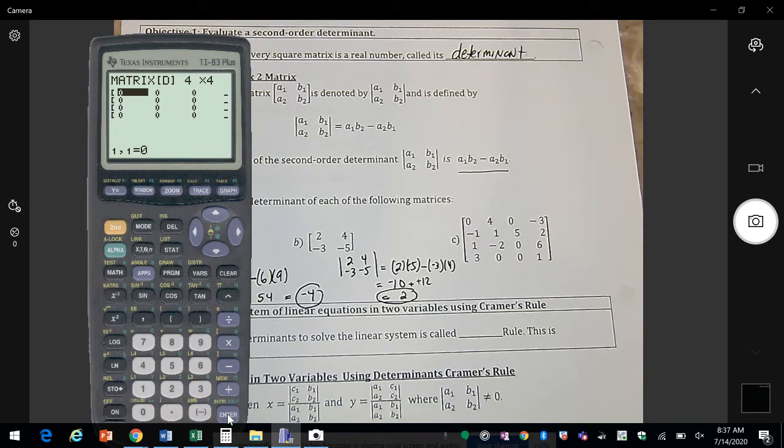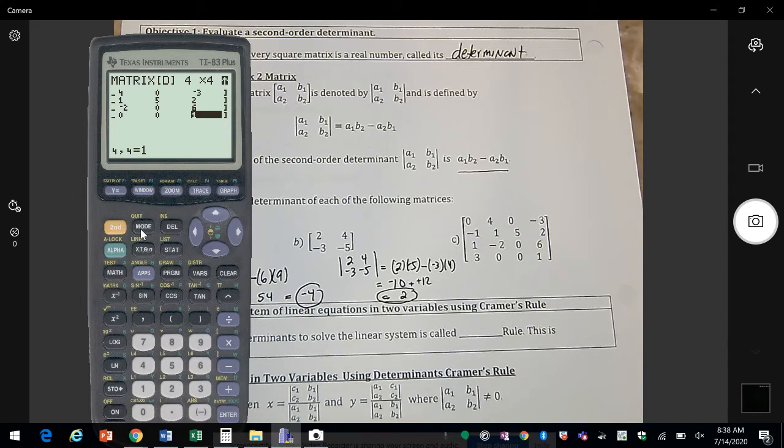So enter the numbers: 0, 4, 0, -3, -1, 1, 5, 2, 1, -2, 0, 6, 3, 0, 0, 1.